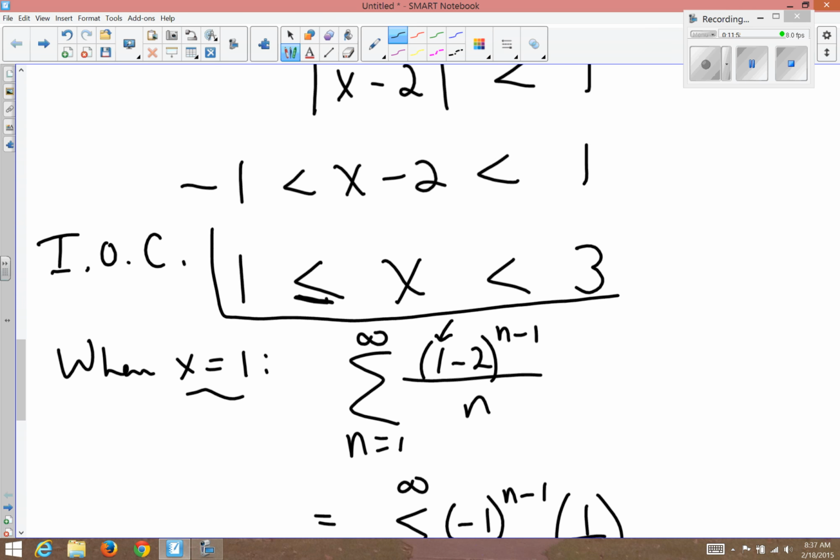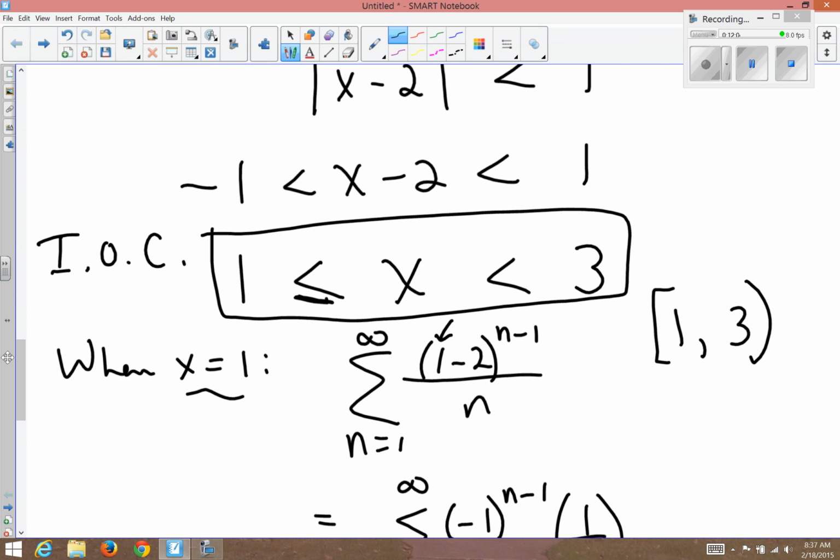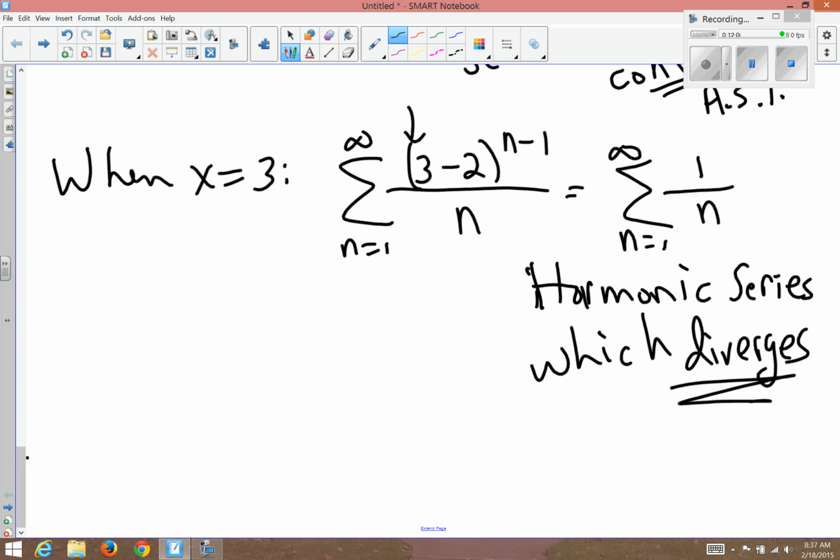So this is the interval of convergence. It could also be written like this: 1 to 3, including 1. 3 is not part of it. The radius of convergence, so look at a number line and look at the interval that goes from 1 and goes up to 3. We can include 1, but not the 3. The distance between these two numbers on the number line is 2.